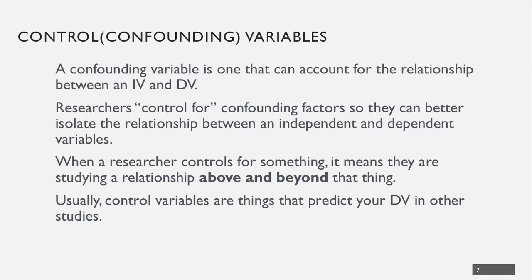Controls are there to help us isolate the relationship between our independent and dependent variable. They're there to help us make good conclusions rather than concluding a relationship when maybe our relationship doesn't make any sense because there's something else accounting for that relationship. So those are independent variables, dependent variables, and controls.